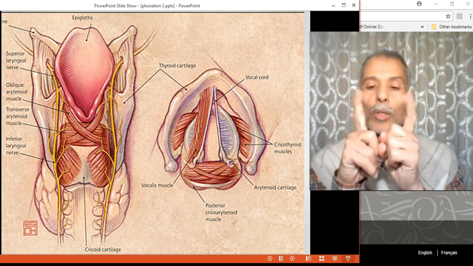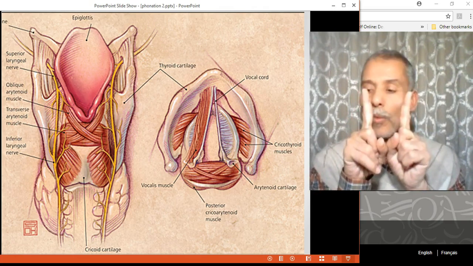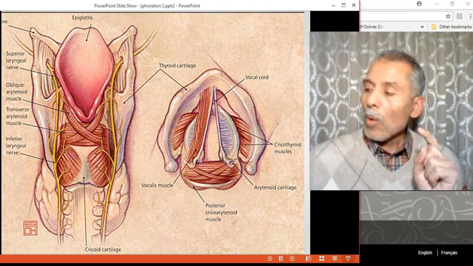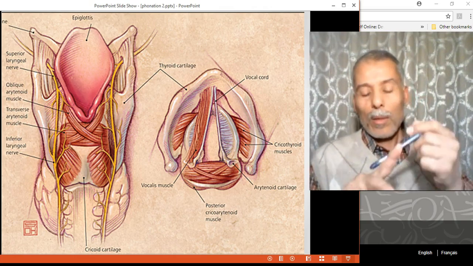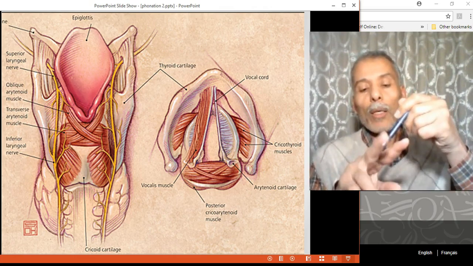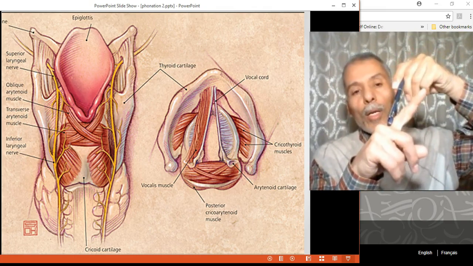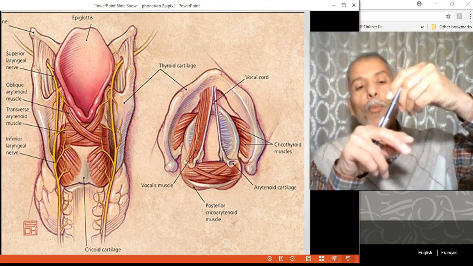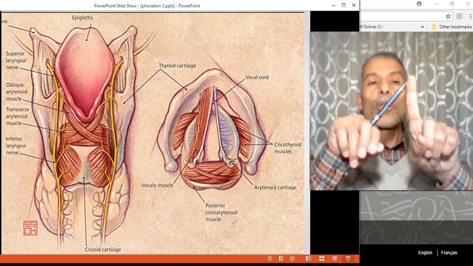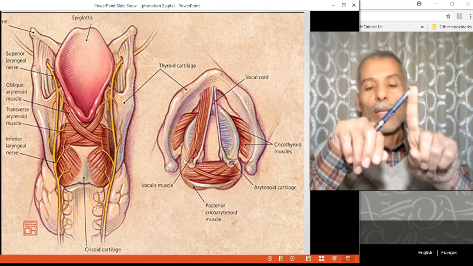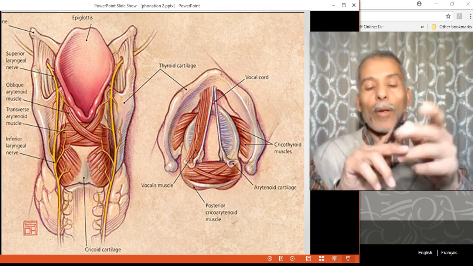You have two arytenoids sitting across from each other. One muscle, the oblique, originates on the muscular base of one arytenoid and courses upward to insert onto the apex, the very top of the other arytenoid.